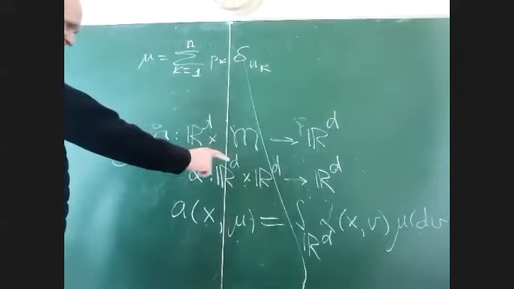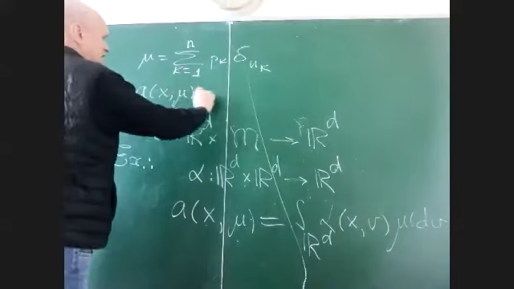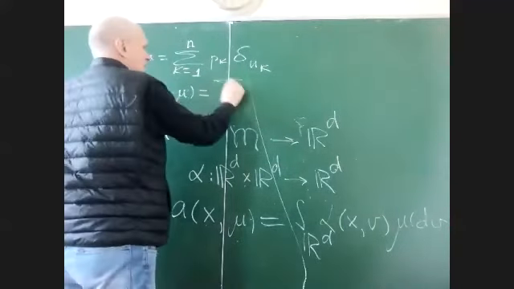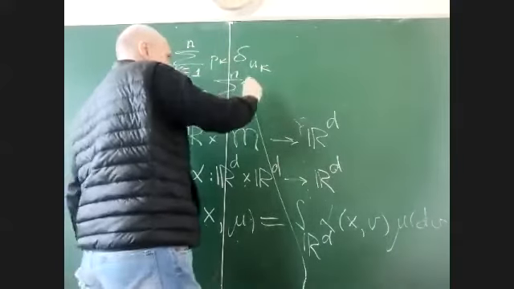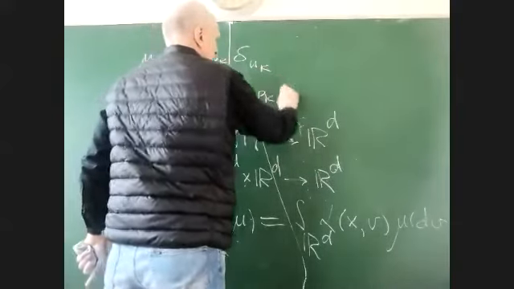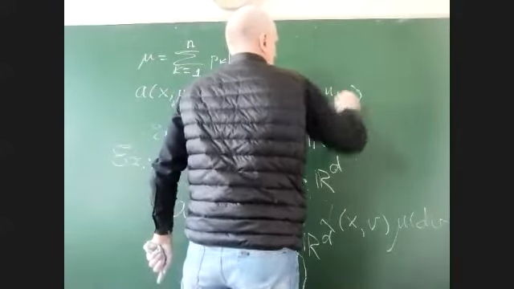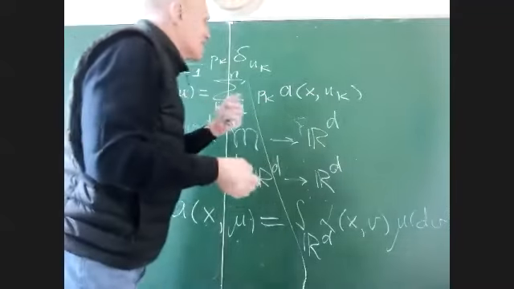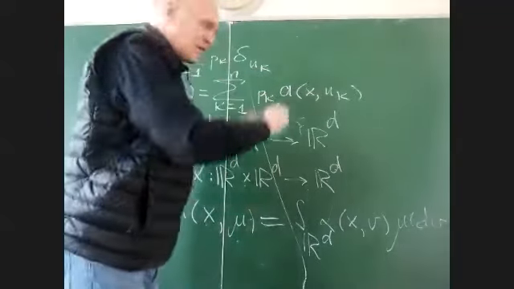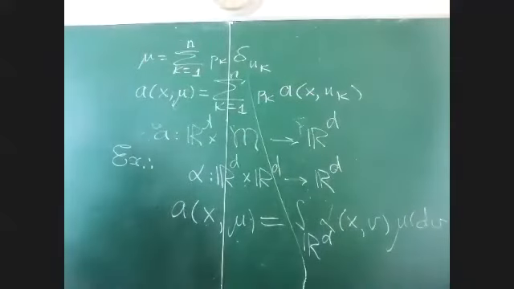Then what will we have? Then our a(x, mu) becomes a sum from k equals 1 to n of p_k h(x, u_k). So you see, this is exactly the form which we have in the Helmholtz equation. Instead of this a, we have those orthogonal gradient of numbers.